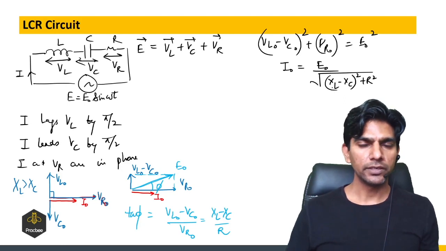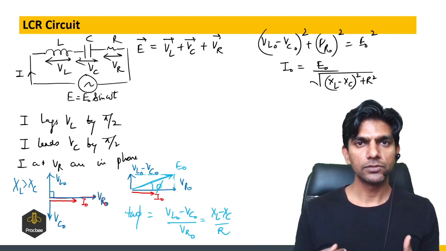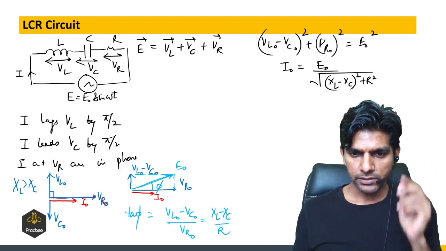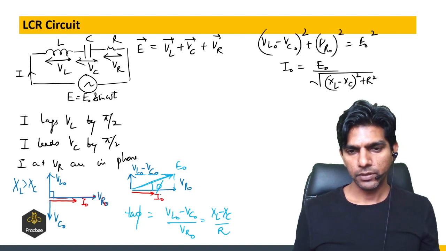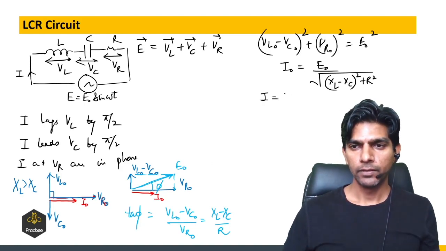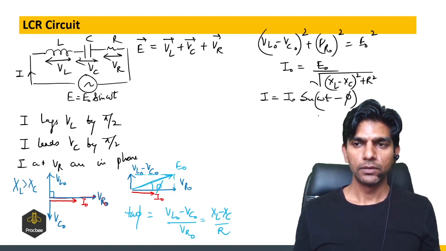Now this denominator is the impedance, which is the resistance offered by this combination to the alternating current. And in this case, if you look at the phasor diagram, current is lagging by phi. So the instantaneous current will be I naught sine (omega t minus phi). I hope it is clear.